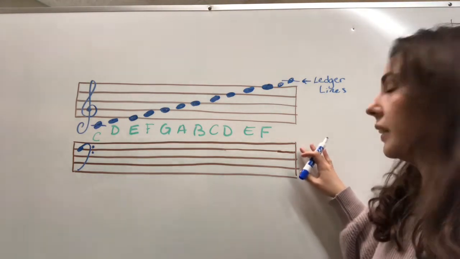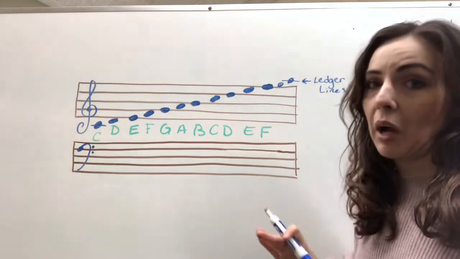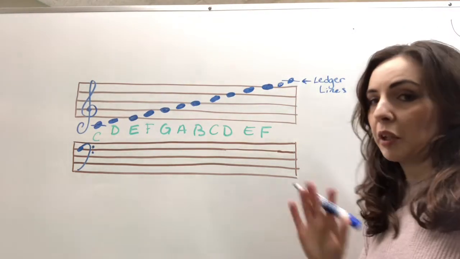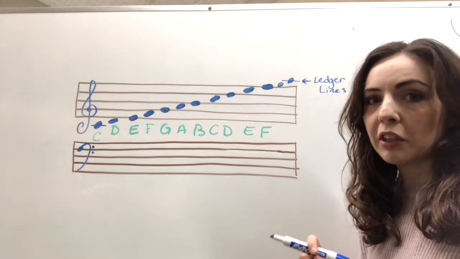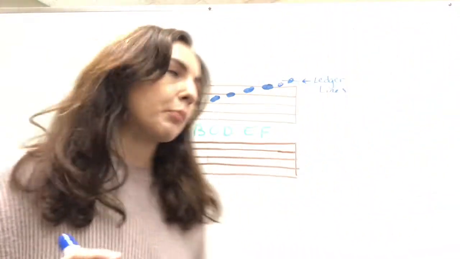And I really like Great Big Ducks Fly Away. That one is my personal favorite. But if you have another one that's your favorite, you can use that one. But I really like Great Big Ducks Fly Away.